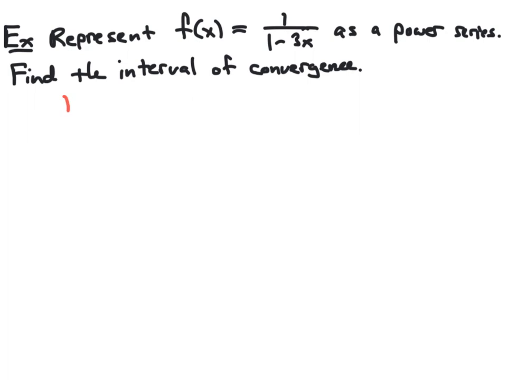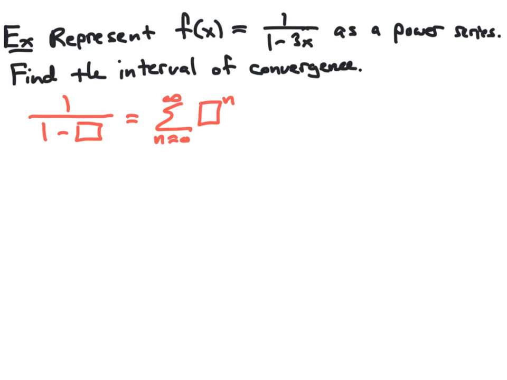If we generalize this function, notice that we could rewrite the function 1 over 1 minus something, which we'll represent here with just a box, as the power series from n equal to 0 to infinity of that something to the nth power. And in this equation, we can substitute any value for that box.